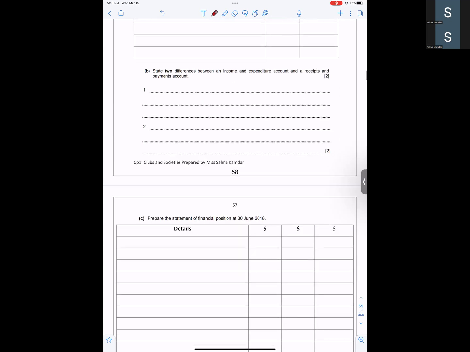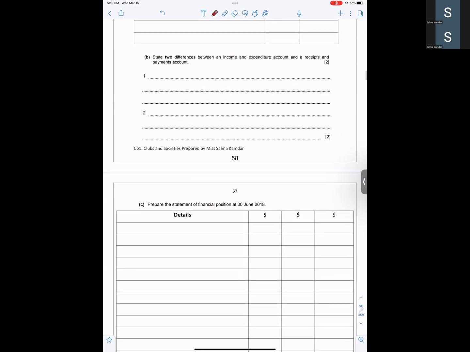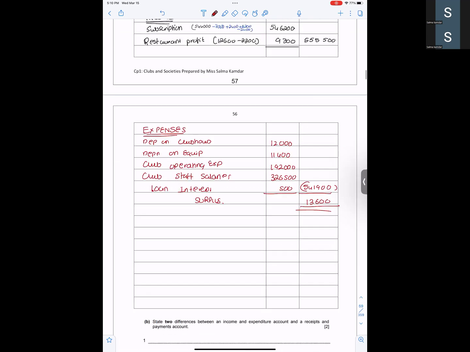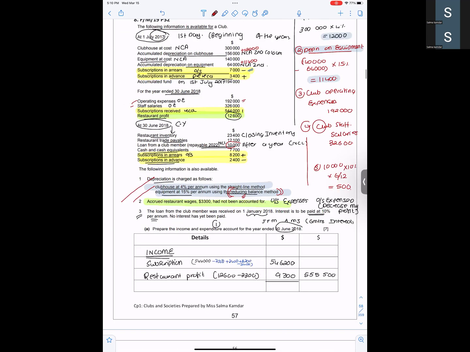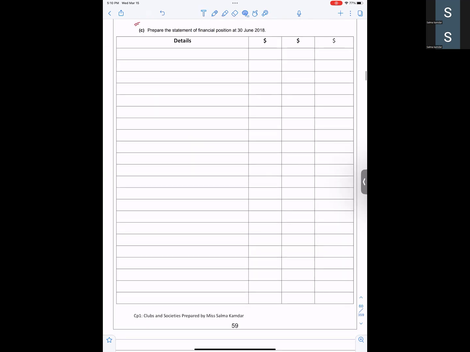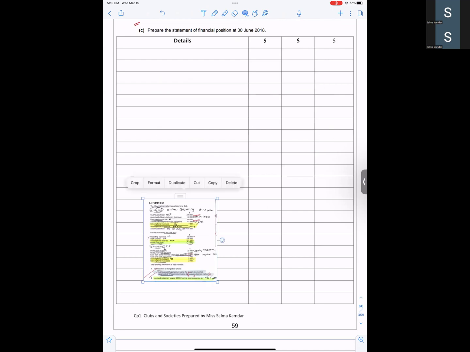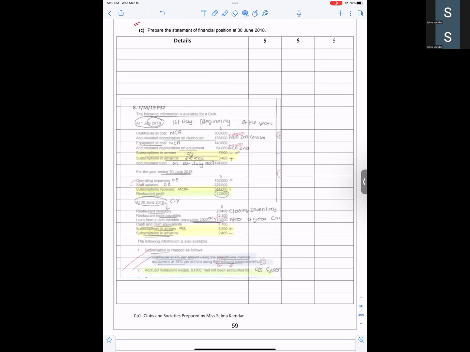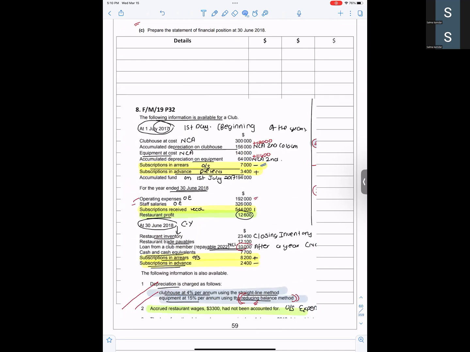Now, we'll do the theory later. We also have to prepare a statement of financial position with the given information. So we will prepare the statement of financial position. This is the information with the adjustments.